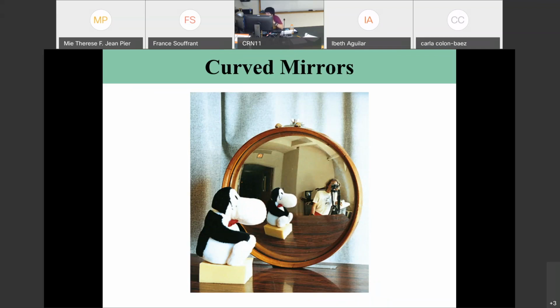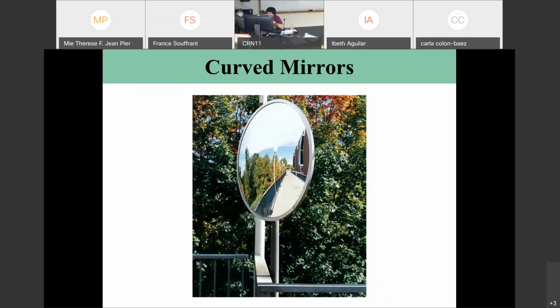When do we use convex mirrors? We use them a lot, especially outdoors. You've probably seen those mirrors at some intersections. I've seen them in New Jersey, when you have an intersection or a driveway in the middle of the road, or in some national parks. I go hiking a lot, and when I go to Delaware Water Gap, sometimes the intersections in the parks are very narrow.